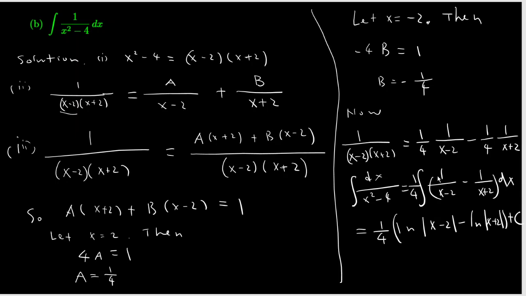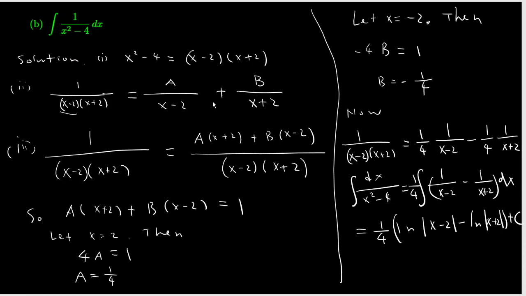Actually, using the same idea, it's now possible for you to integrate any rational function, any quotient of two polynomials. Any questions on this? In many cases, determining the constants is a little weird.